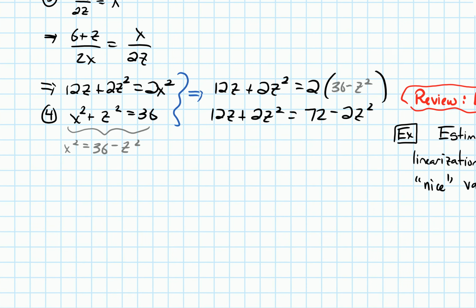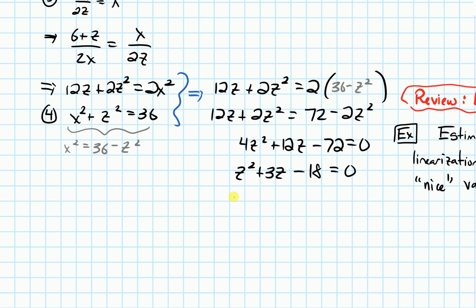If I move the z squareds to one side, we'll get 4z squared. Let's keep the 12z there, and then subtract 72. Now I can divide everything by 4, and I'll get z squared plus 3z minus 18 equals 0.